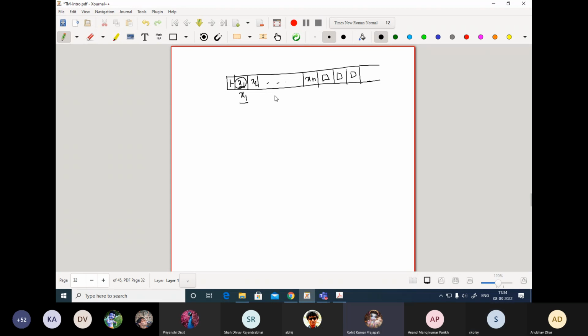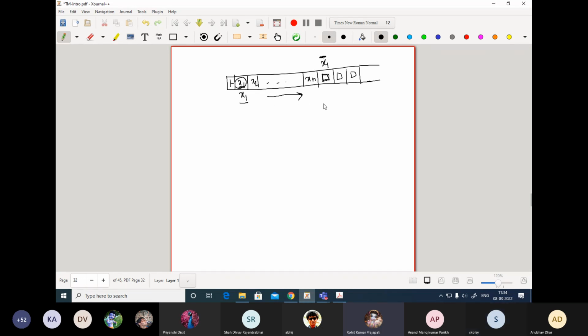Now you're remembering x1. So now you move your tape head to the right till you hit a blank symbol. When you hit a blank symbol, you rewrite blank by x1, and you mark it in some manner, let's say x1 bar. You don't write it as x1, you mark it as x1 bar.